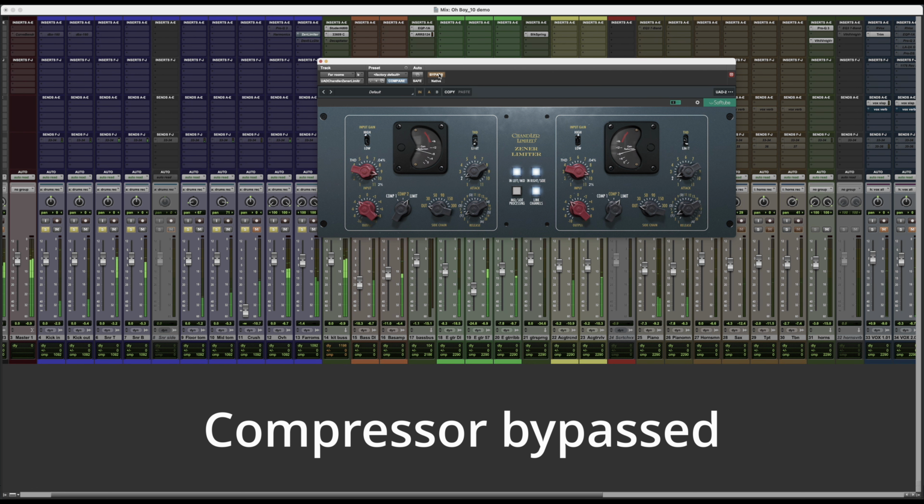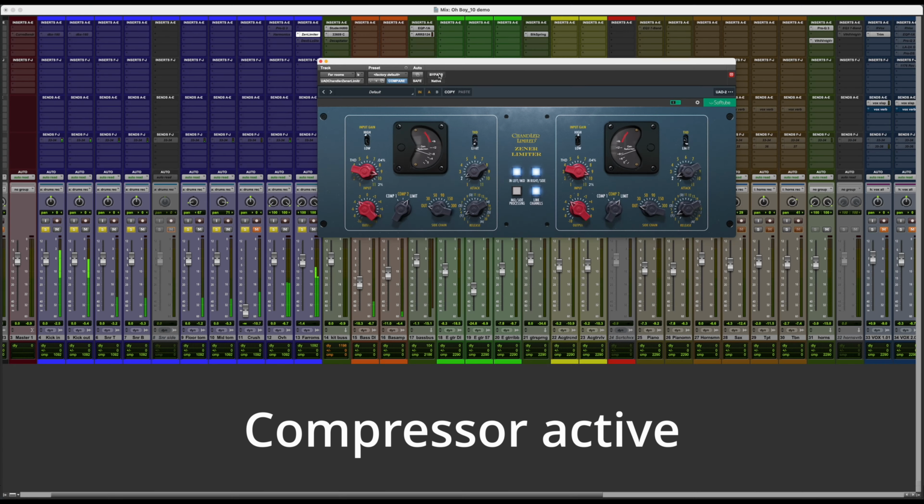The aggression, the energy that comes from just compressing these mics a bit. Should we take it further? Let's take it further. Let's see what happens.